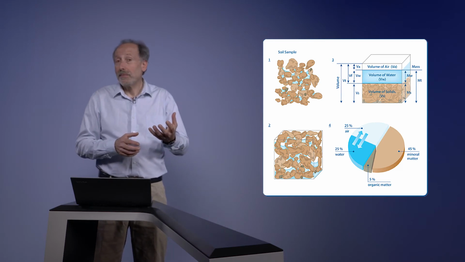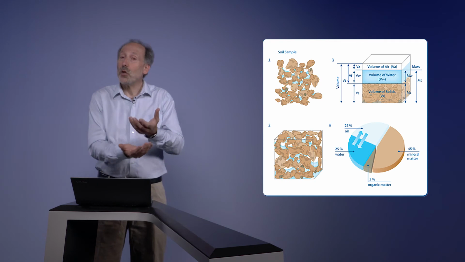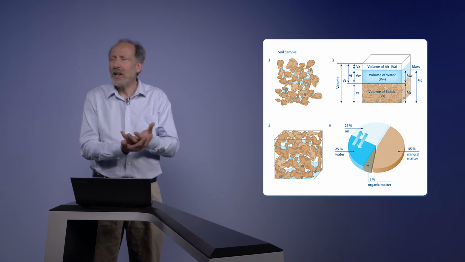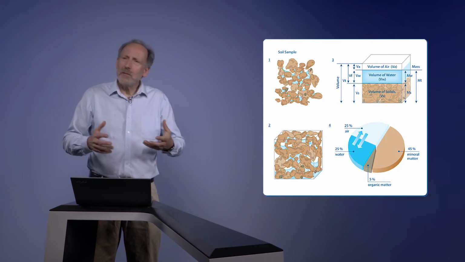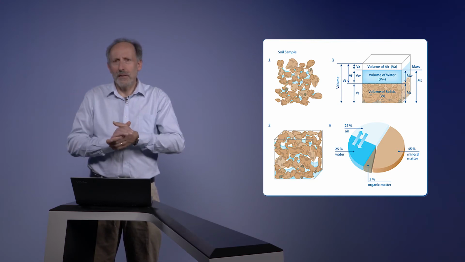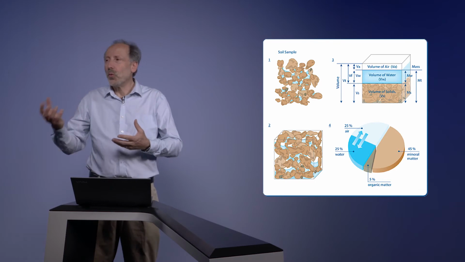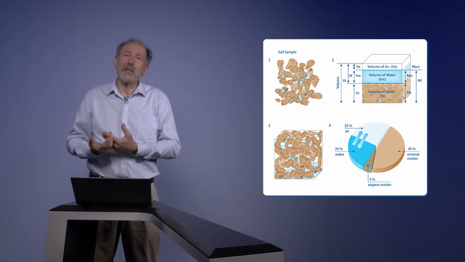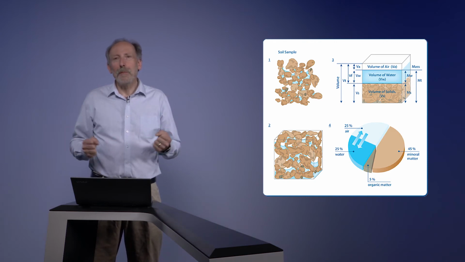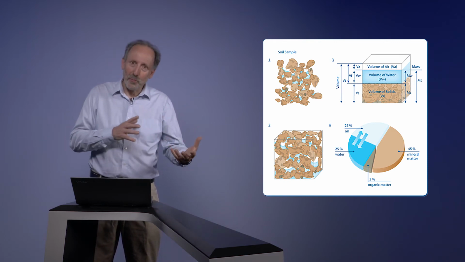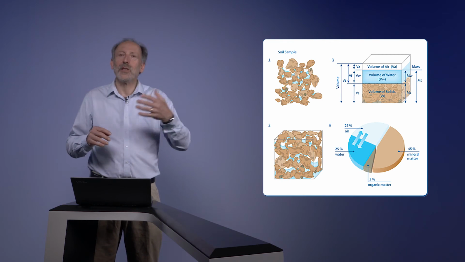Well, perhaps the most natural thing to do is to weigh that soil, get the mass of the ensemble of the water and the solid, take it back to our laboratory, stick it in an oven, dry it out, reweigh it, and now we have the mass of the solids alone. And quite immediately, then we have the mass-based split between solids and liquids.